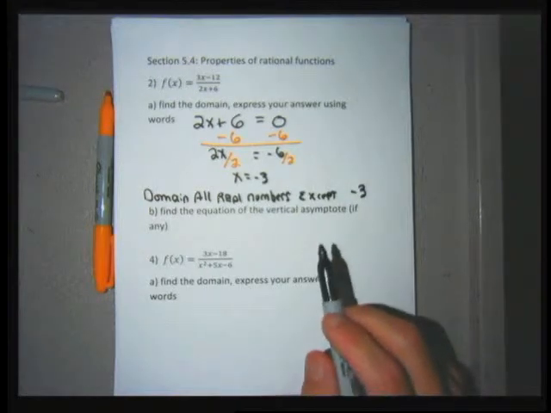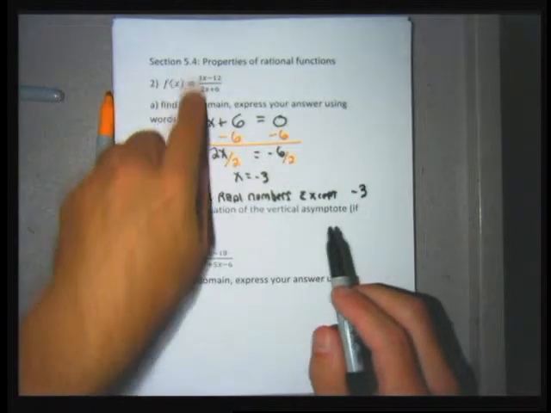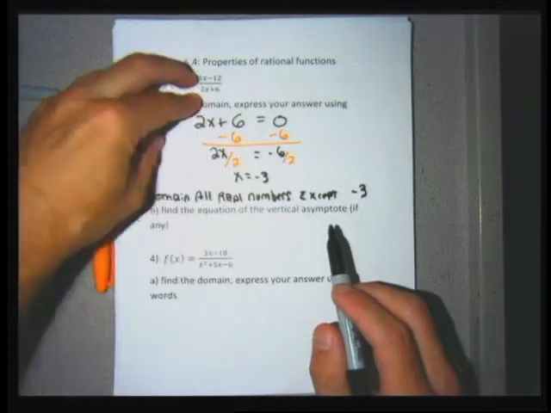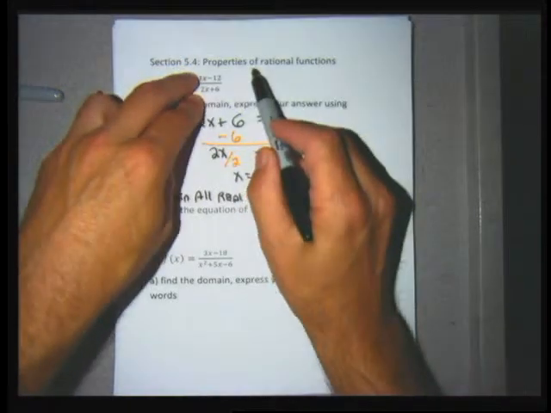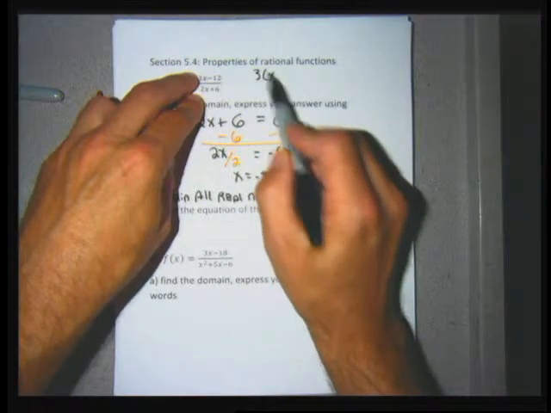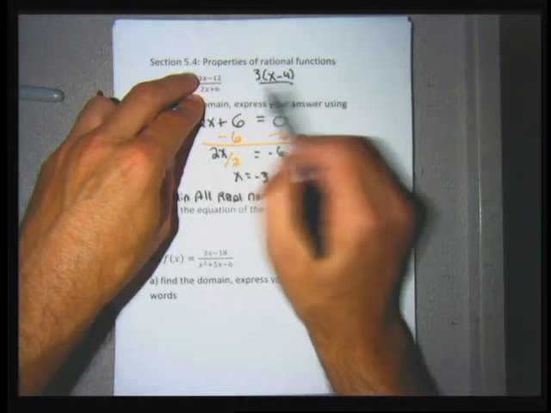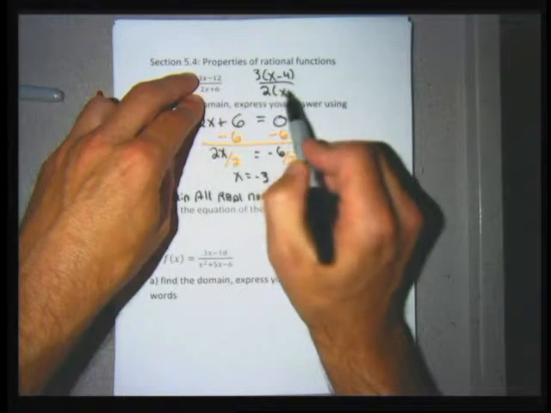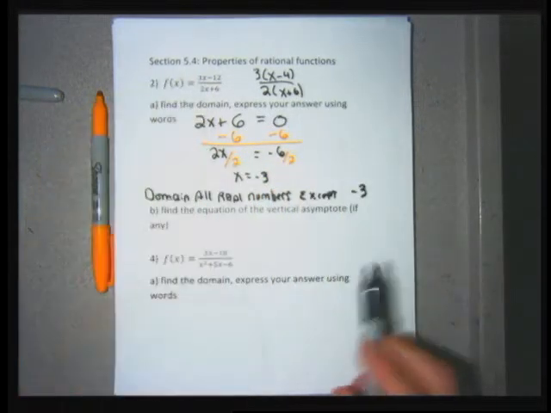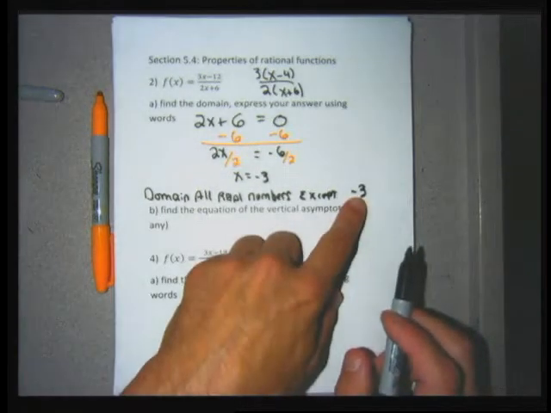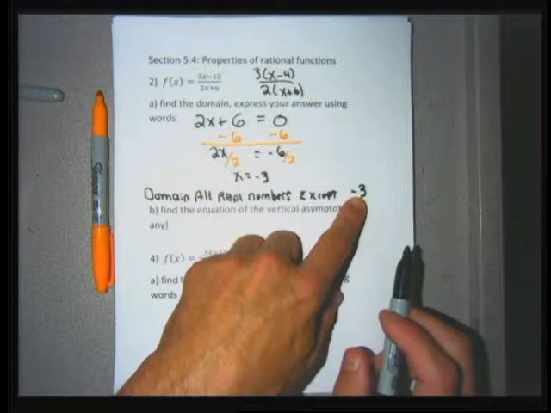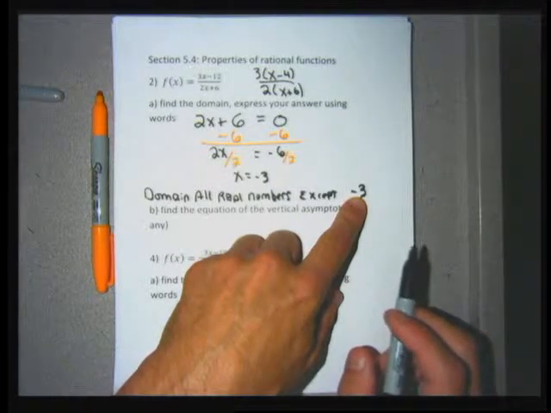As long as the fraction that's given can't factor and cancel, like if I could factor and cancel the x out of the denominator, then the number that we're excluding from the domain is going to show up on the graph as something called a vertical asymptote.